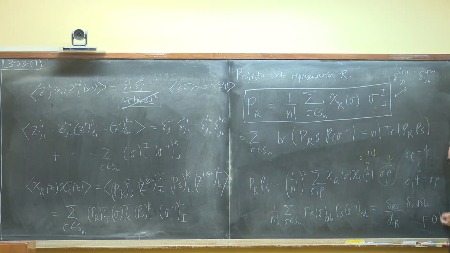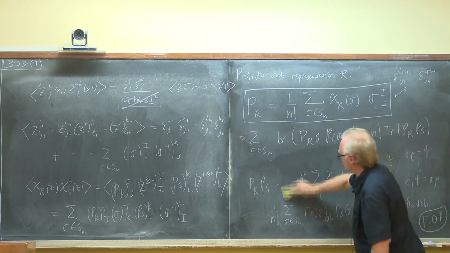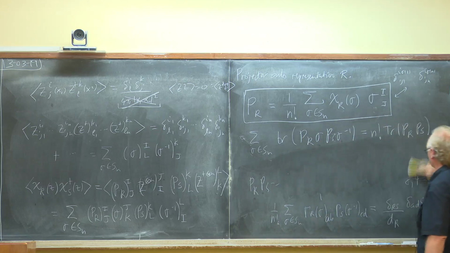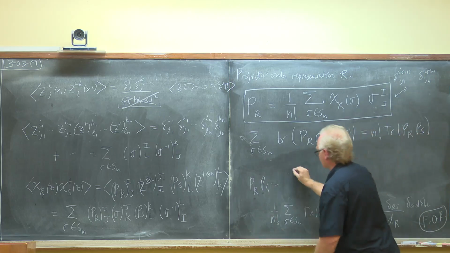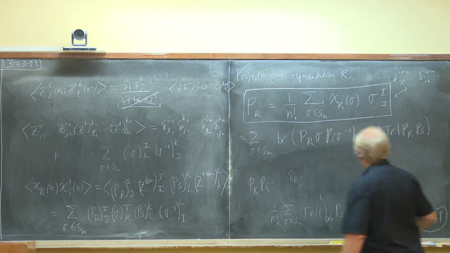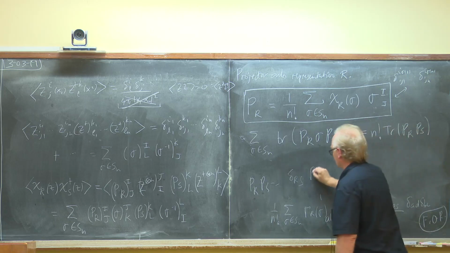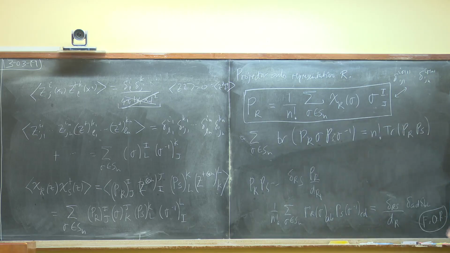So this is just the fundamental orthogonality relation of the group, and this is almost the only identity that you need. Do that sum over sigma, and it's straightforward. There's a sigma appearing, there's a sigma appearing, and it's really completely straightforward. And the answer is that this gives you delta RS. It's that delta function, P_R over d_R. So that's the property that these projectors obey.